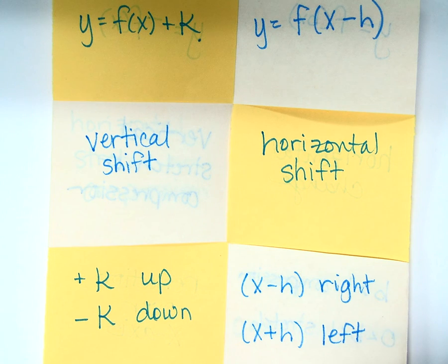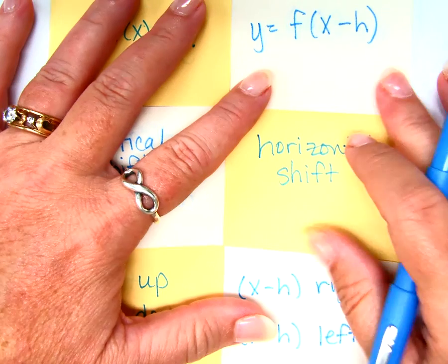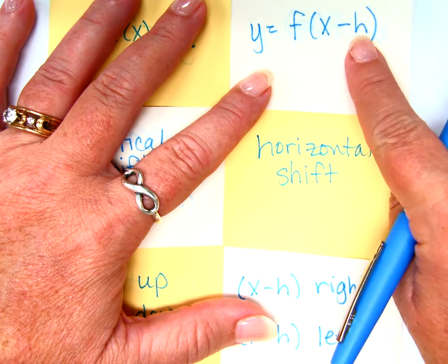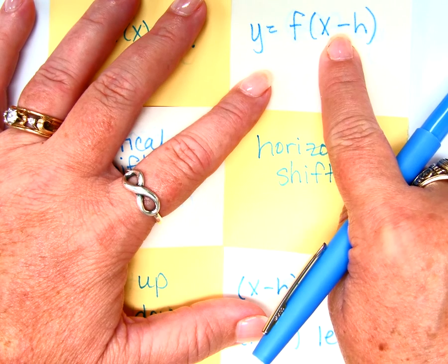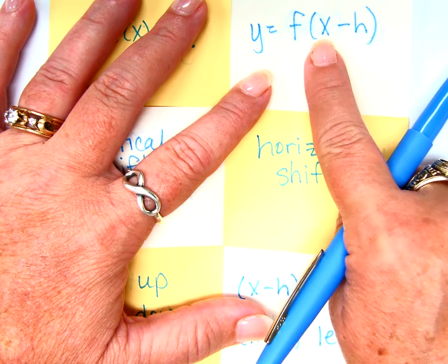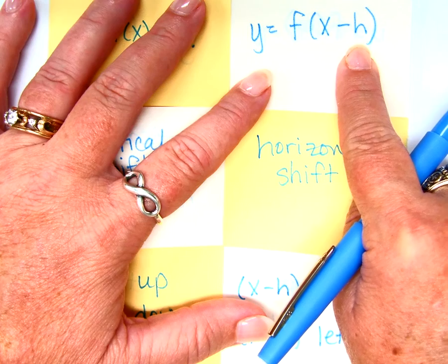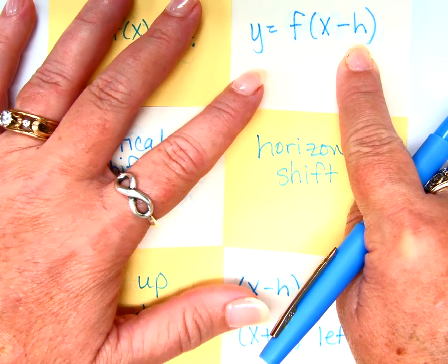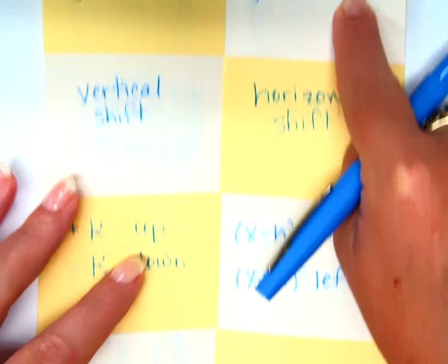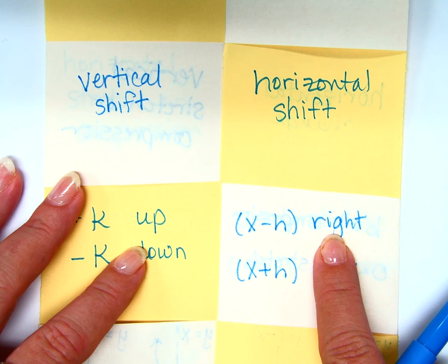Can I show you real quick? Look up at the original equation real fast. X minus h. Guys, the minus is part of the equation. So if it says x minus 2, what's the actual value of h? Just 2, which is why we go to the right.